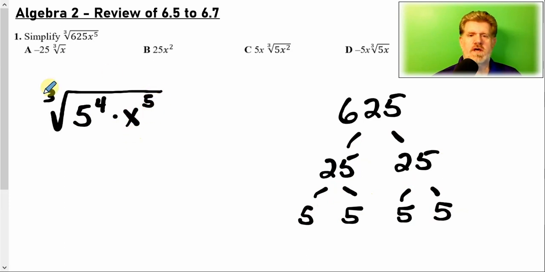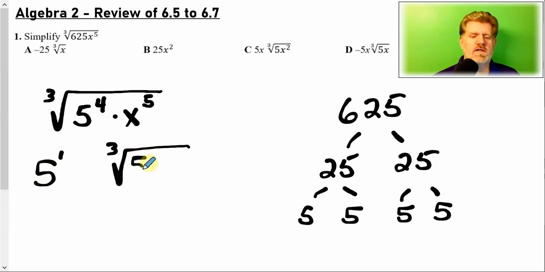So remember, they're coming out in groups of 3. So if you have 4, you have 5 to the 4th power. So you have 4 5s when you multiply them together. How many come out? Well, 3 goes into 4 one time. But that leaves 1. Remember, 4 divided by 3 is 1, with 1 left over.